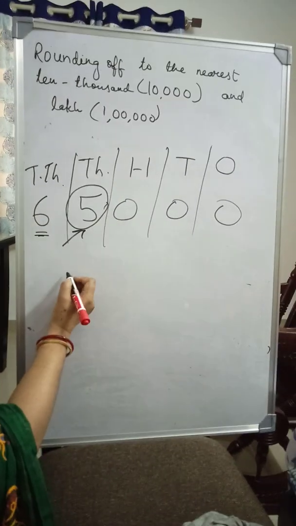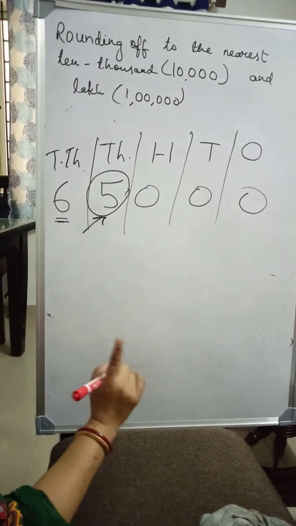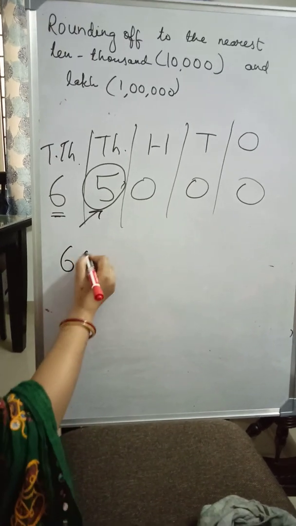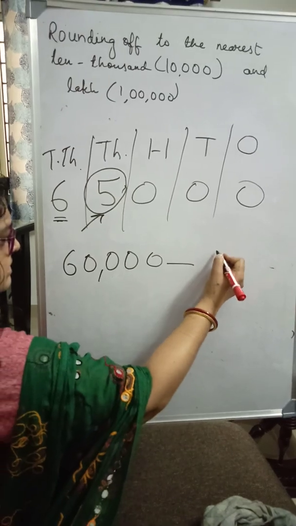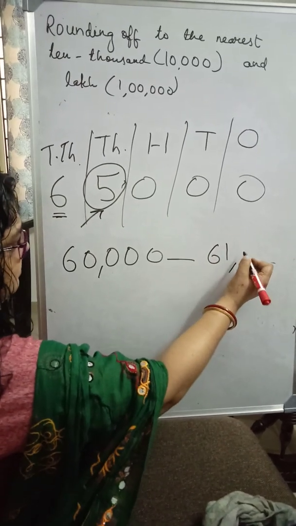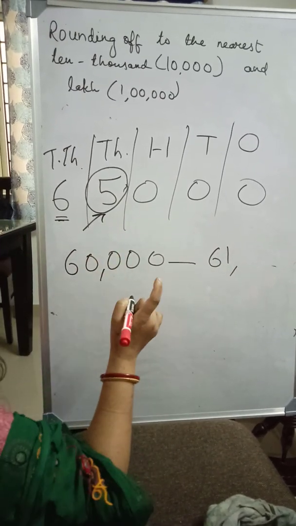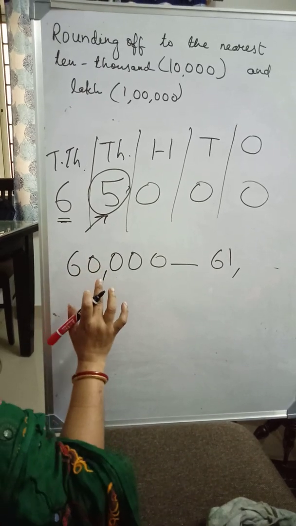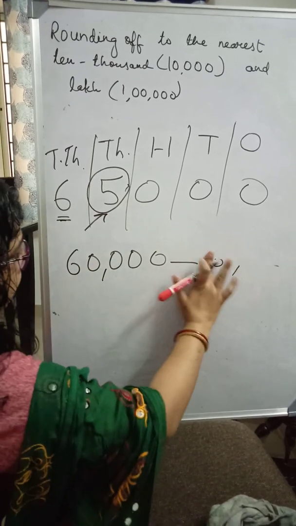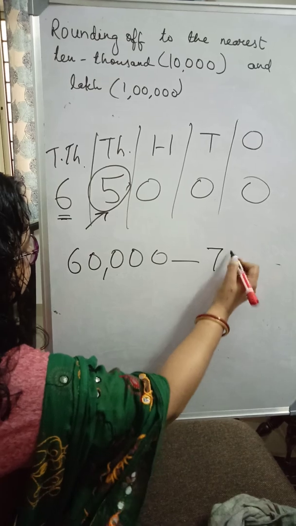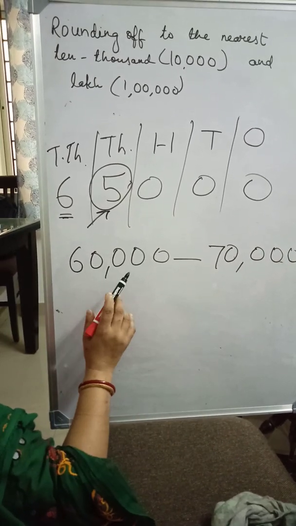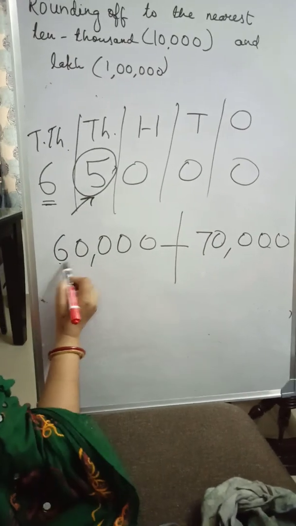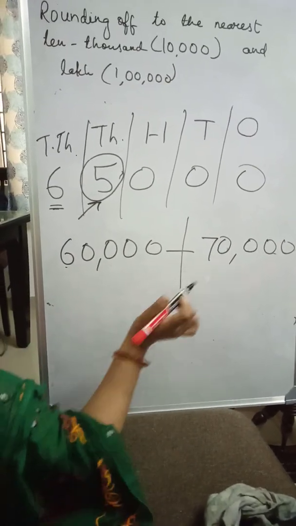So 5 is the halfway, halfway between 60,000 and 70,000.